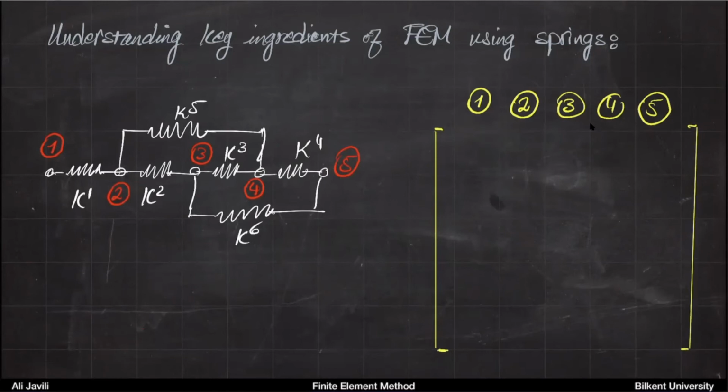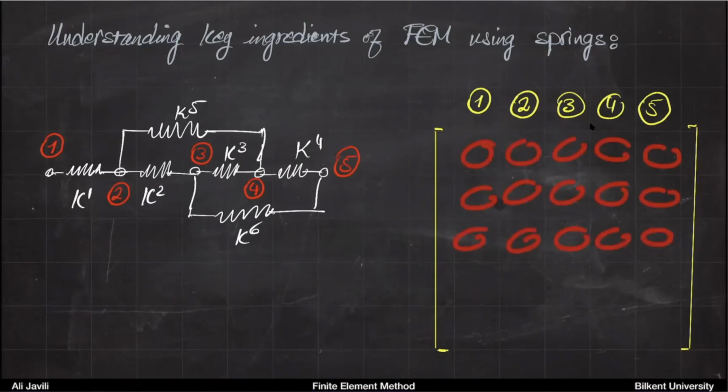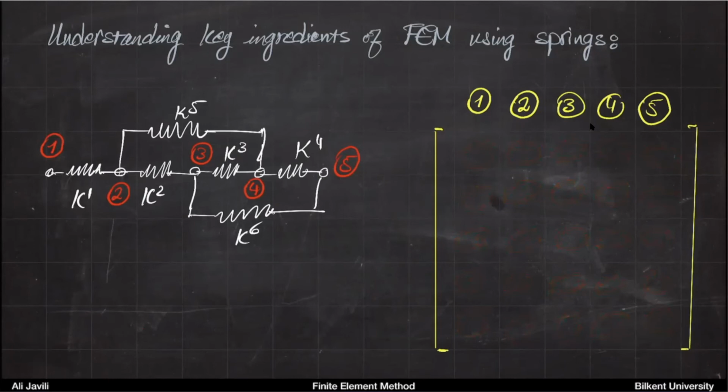Okay, does that make sense? So basically we have these empty boxes here. We have 25 of them, and we want to fill them according to our stiffness.